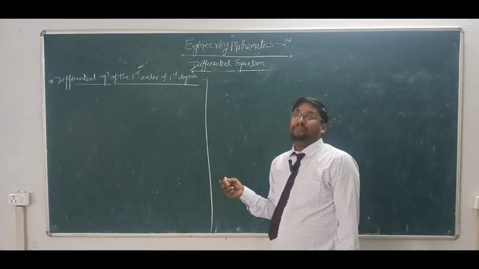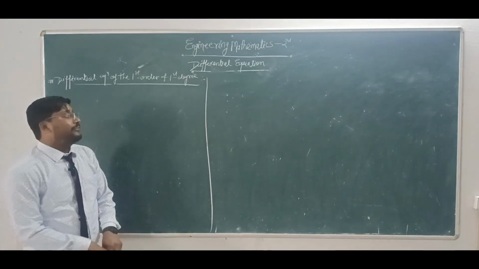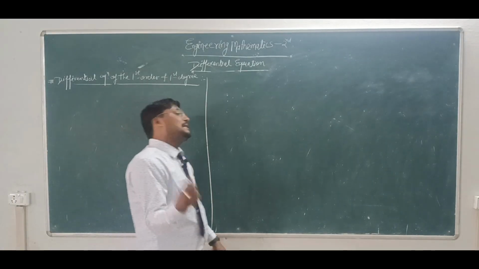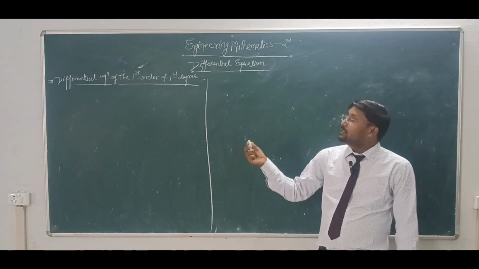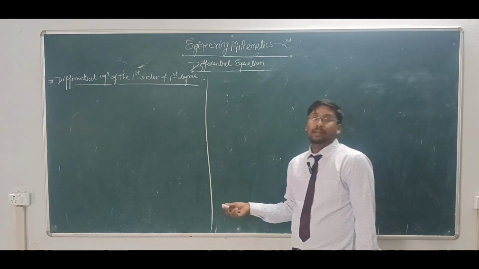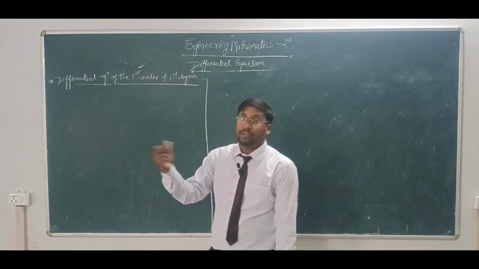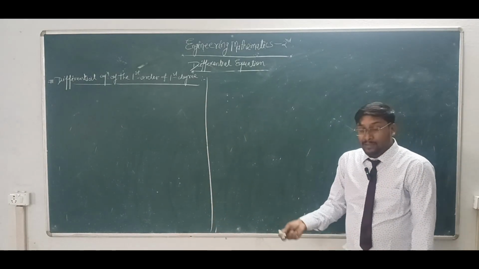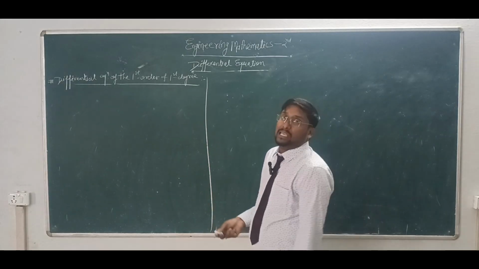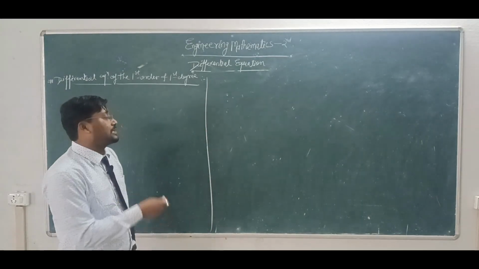How can you find the first order of a differential equation? If the differential coefficient is highest in the differential equation, it is known as first order, and the power of the highest derivative of the differential equation, after removing radical signs and fractions, is known as the degree of the differential equation.